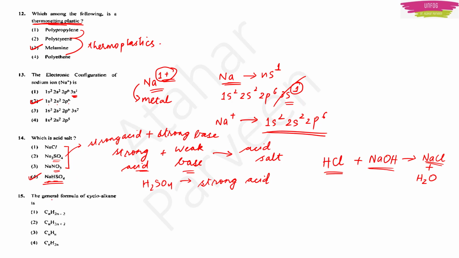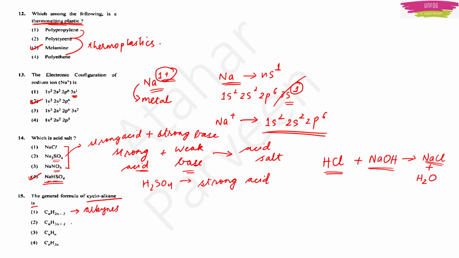Now the 15th question asks for the general formula of cycloalkane. The options are CnH2n-2, CnH2n+2, CnHn and CnH2n. The general formula CnH2n-2 is for alkynes.